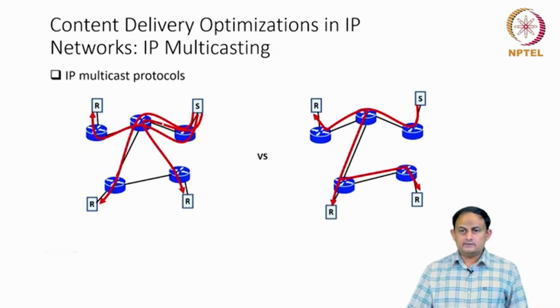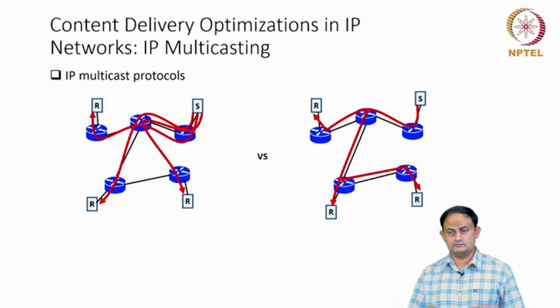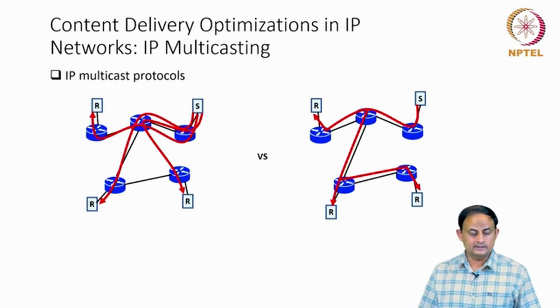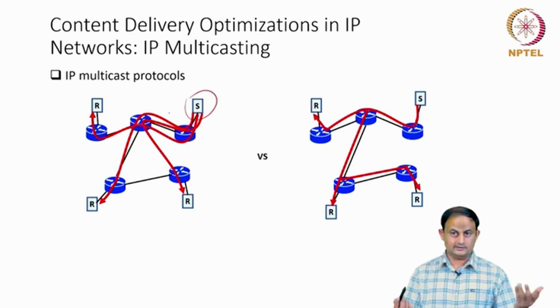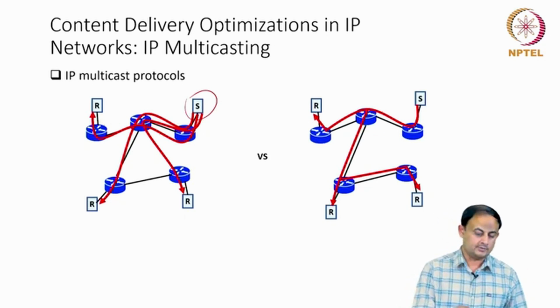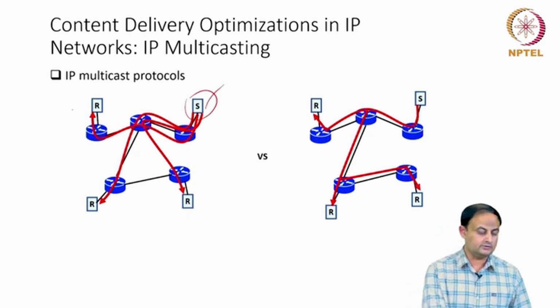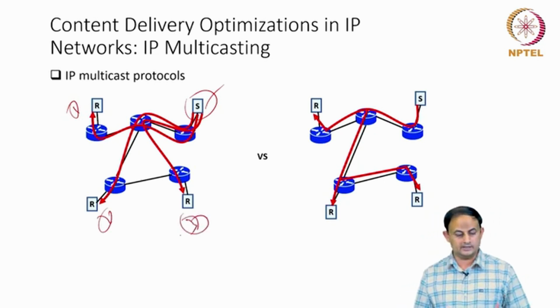That is one way. The second is that we have also built some protocols. We have also made the routers aware that such a distribution is happening. So, for example, on the left hand side there is one source which is generating the content, maybe video streaming content, maybe a video conferencing application is running, and the presentation is made from the source S, and users number 1, 2 and 3 are interested in that communication.